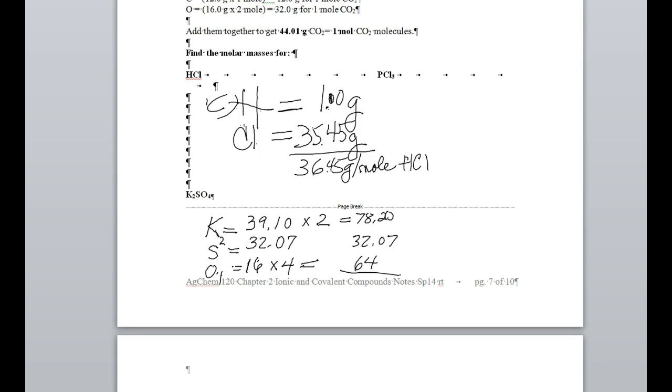Is it 170? Yeah, 171.27 for the whole. That's grams per mole of K2SO4. 171.27?